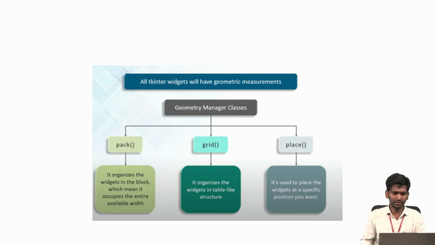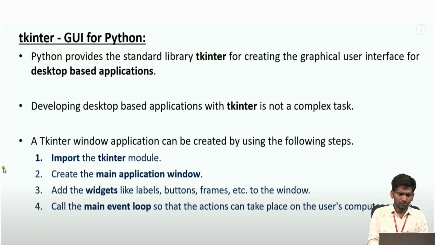There are three methods to place all your widgets. I'm talking about widgets, right? What are widgets? We have check buttons, radio buttons, labels, drop downs, the login button, the submit button, everything. All those are called widgets. All the widgets can be placed with the help of those three methods.